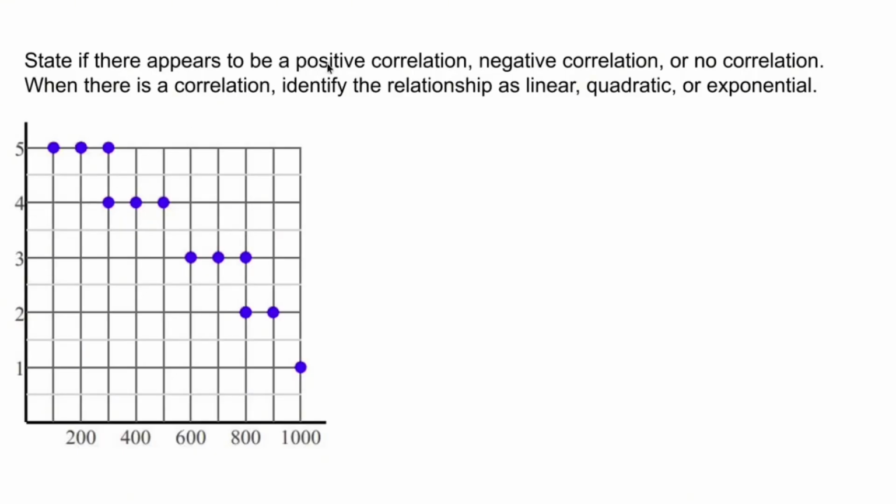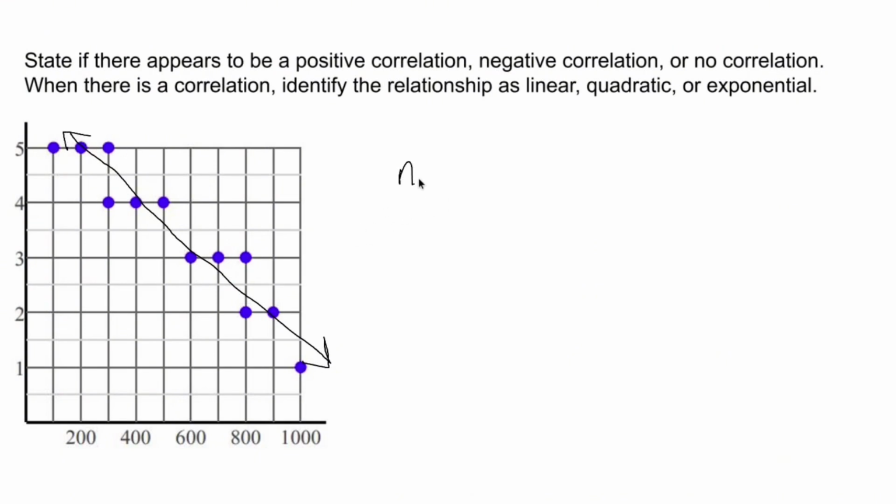State whether it appears to be a positive correlation, negative correlation, or no correlation. When there is a correlation, identify the relationship as linear, quadratic, or exponential. These dots, for the most part, appear to be going down and to the right in a straight line fashion, which means I can draw a straight line that best fits the data kind of smack dab in the middle of everything.